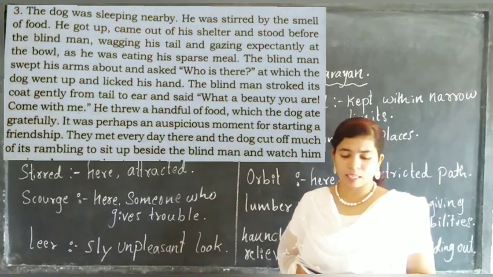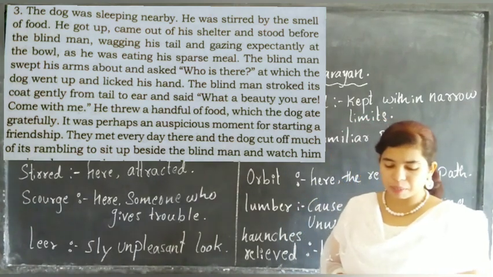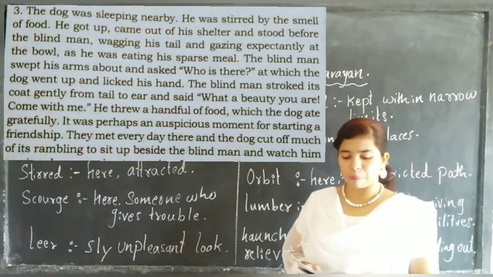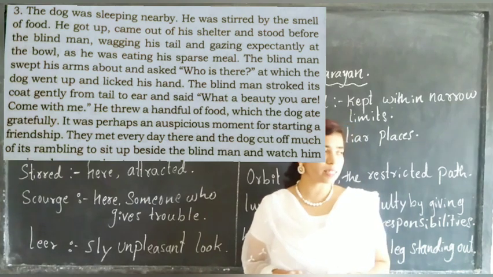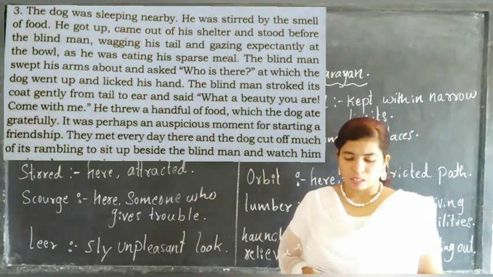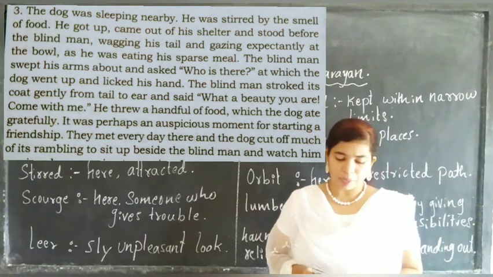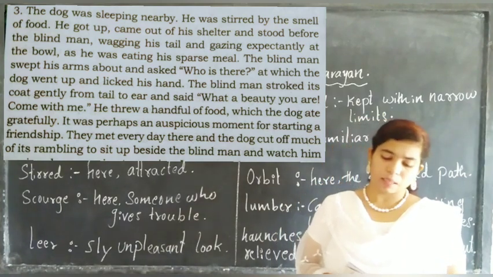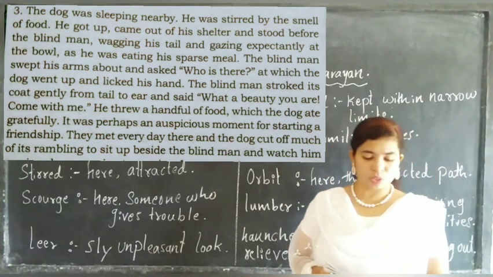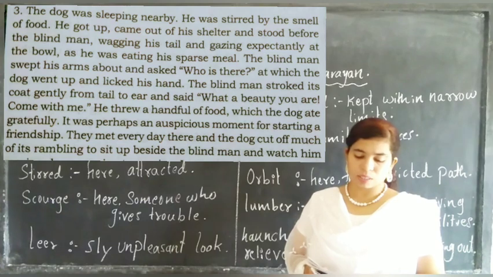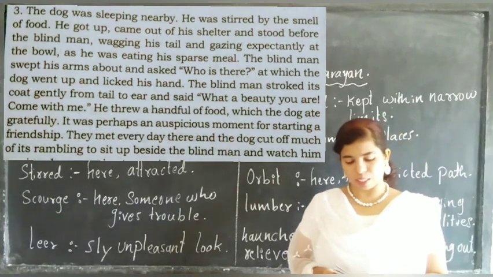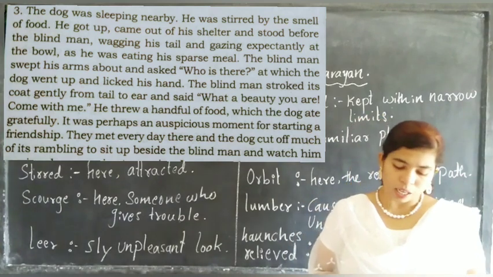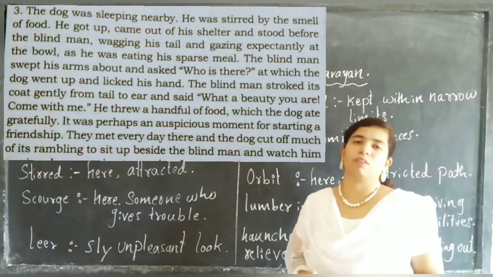As he was eating his sparse meal, the blind man swept his arm about and asked, "Who is that?" At which the dog went up and licked his hand. The blind man stroked its coat gently from the tail to the ear and said, "What a beauty you are! Come with me." He threw a handful of food which the dog ate gratefully.